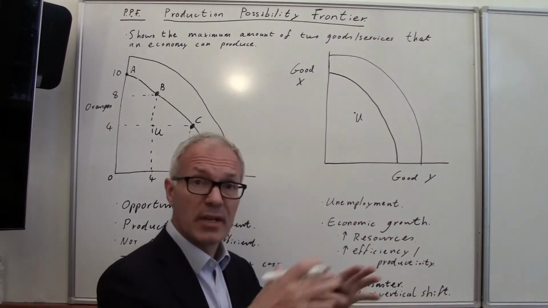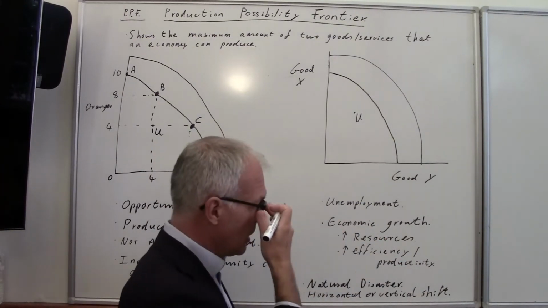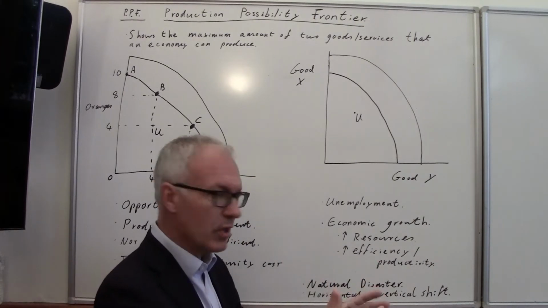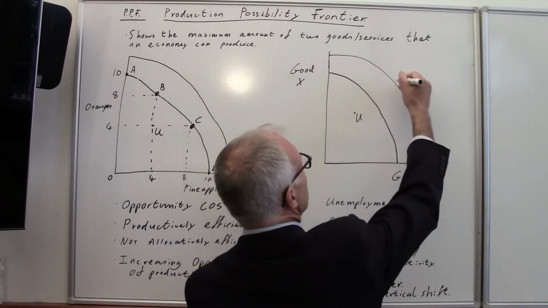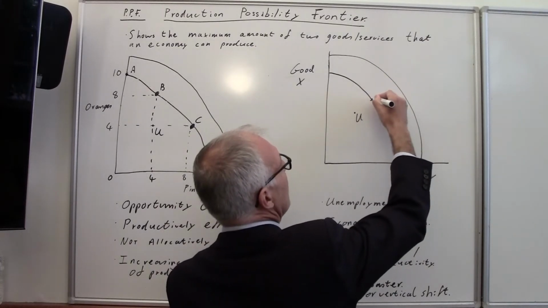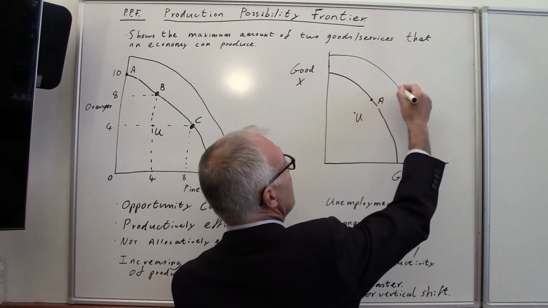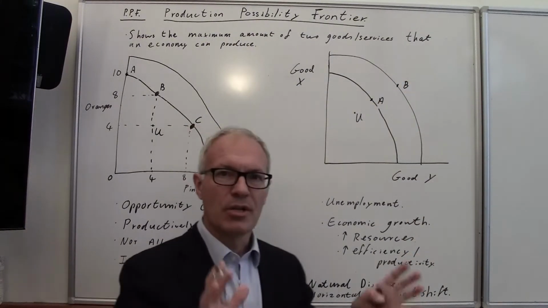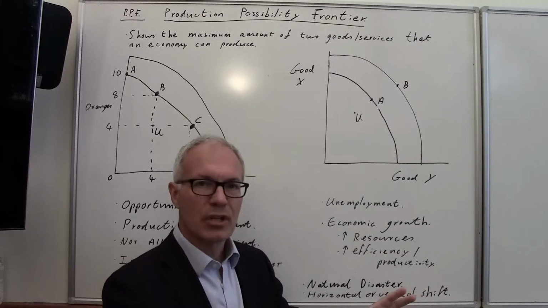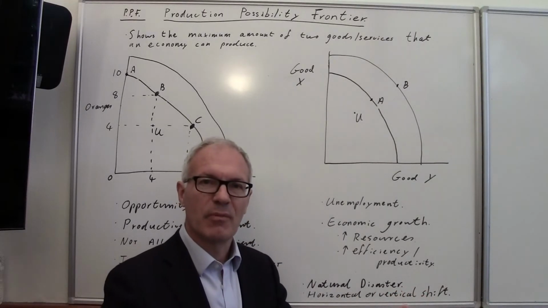For example, if there's migration to a country and more people are working. Okay, so that's one method which will shift the PPF out, and then we will end up going from A to point B.